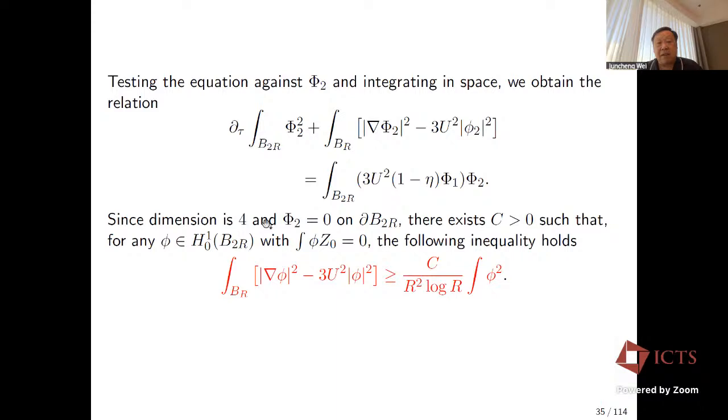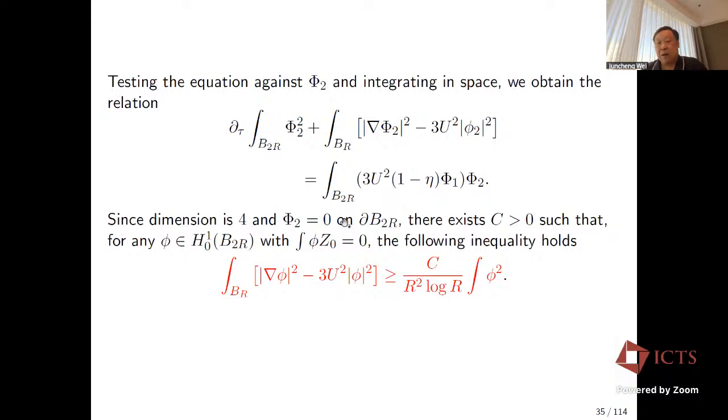Since the dimension is 4 and phi 2 equals 0 on the boundary, we can show that we have a lower bound, a spectrum gap for this projective form, but the spectrum gap loses R squared log R. This is where we use the Dirichlet boundary condition.